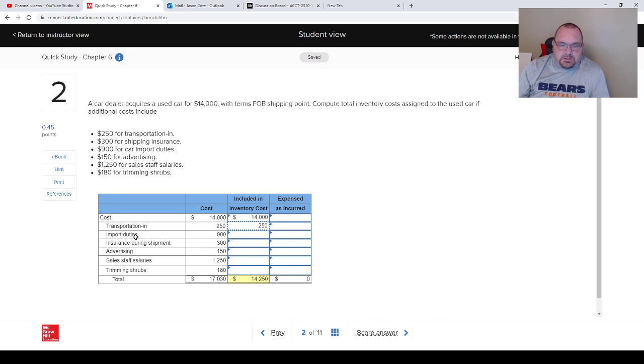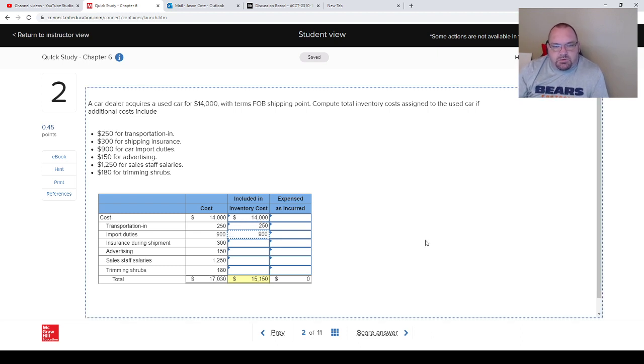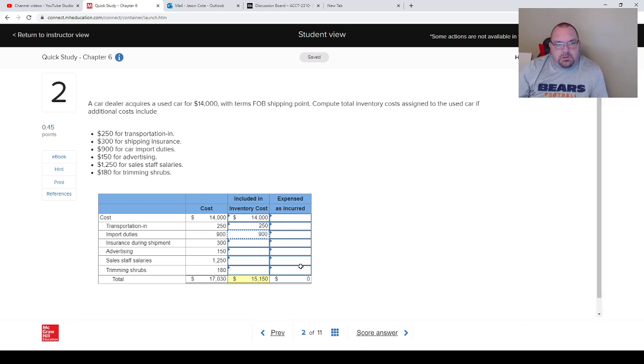You had to pay to get it. So if we had to pay that, even though it's a cheap car, that would be a part of the vehicle as well. So $900 worth of import duties would be included in the cost of the vehicle. Insurance during shipment. Okay, if you're going to pay for insurance during shipping, that would be included as well.